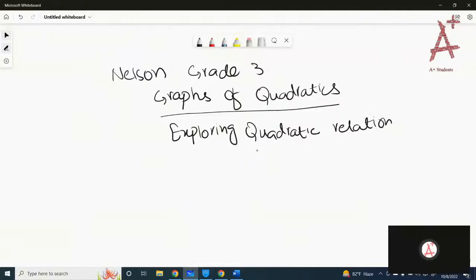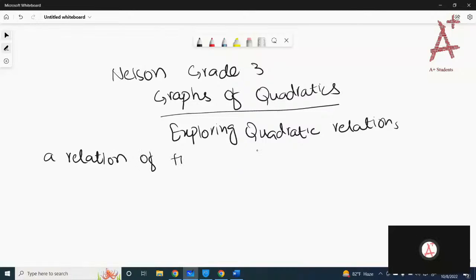Got it? So let's start with the topic 3.1, that is exploring quadratic relations. Okay, let me explain. What are quadratic relations? You can note down the definition.